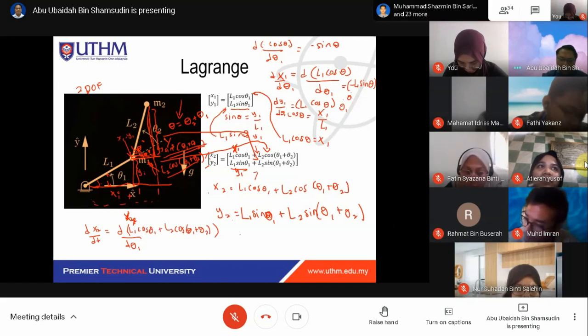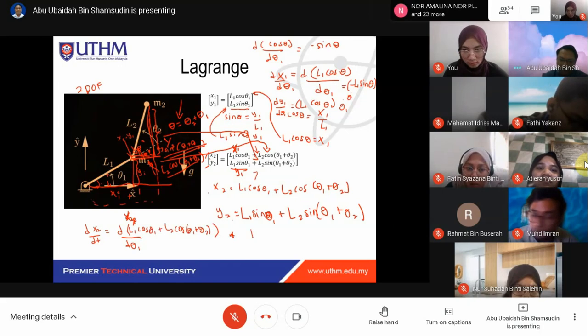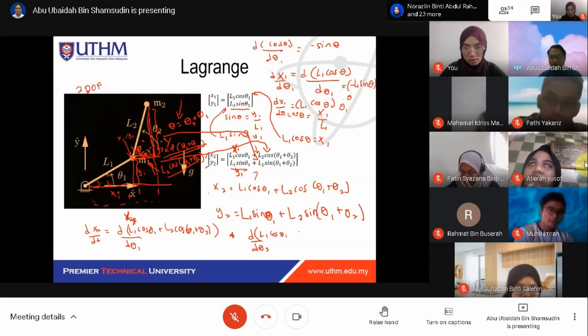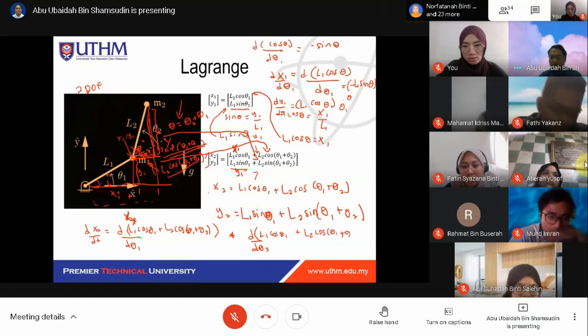And another one is d over d theta 2. The same thing here, which is L1 cos theta 1 plus L2 cos (theta 1 plus theta 2).